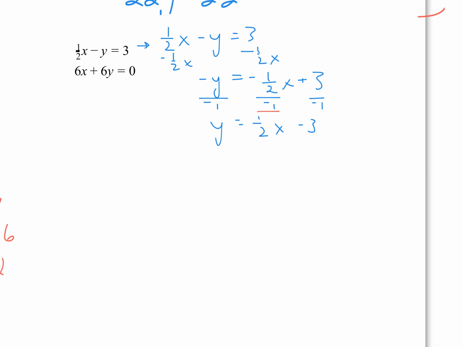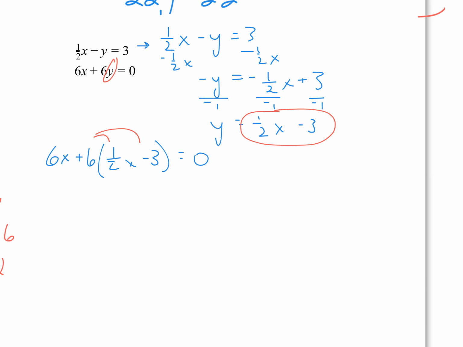Step 2 says I take what I just solved for and I plug it into the other equation. So y gets substituted. We're going to say 6x plus 6 times 1/2 x minus 3 equals 0. Simplify and solve from here.